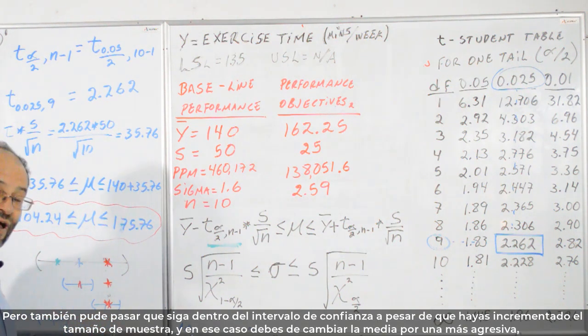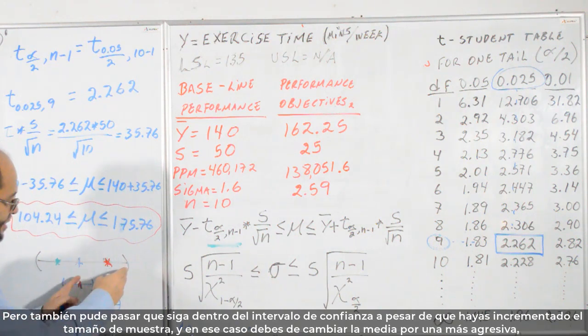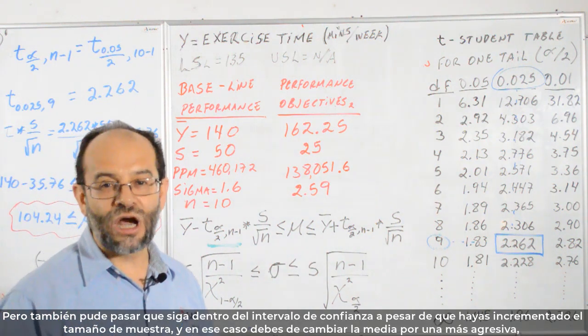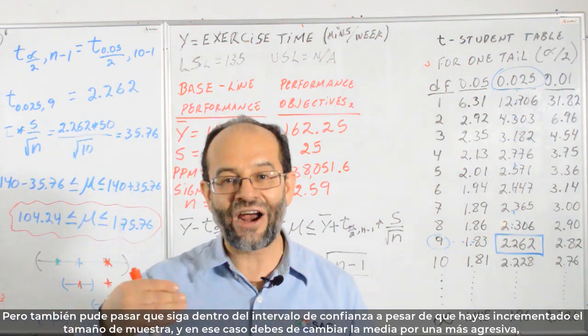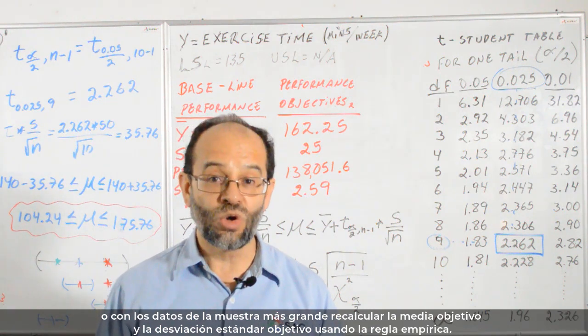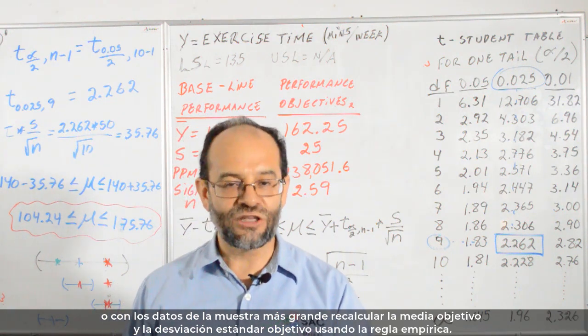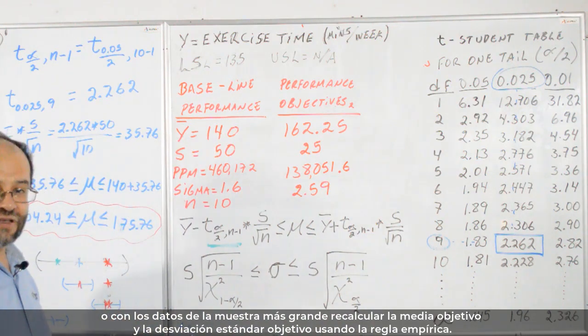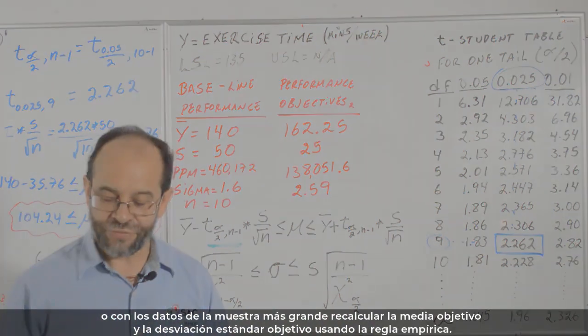Now that you have a bigger sample size, the mean of the sample is moving from here to here, and then it's going to be inside. So in that case, you have to change the mean for a more aggressive mean, or recalculate using the rule of thumb the objective mean and the objective standard deviation with the new, bigger sample that you are having.